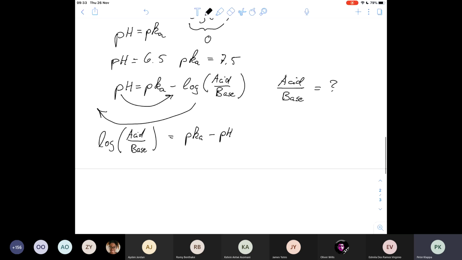Okay, so I put the log to the left-hand side and brought the pH to the right-hand side. So what do I get? Log acid over base equals 7.5 minus 6.5, and that is 1.